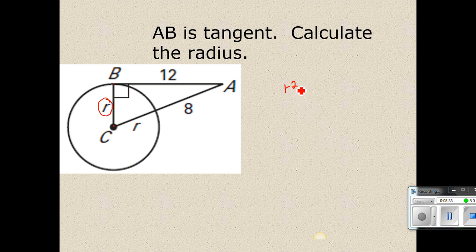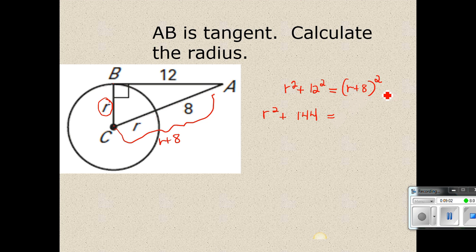R squared plus 12 squared is going to be equal to all of this side. Well, this side is actually R plus 8, so it would be R plus 8 squared. So we get R squared plus 144, because 12 squared is 144, equals R plus 8 squared.